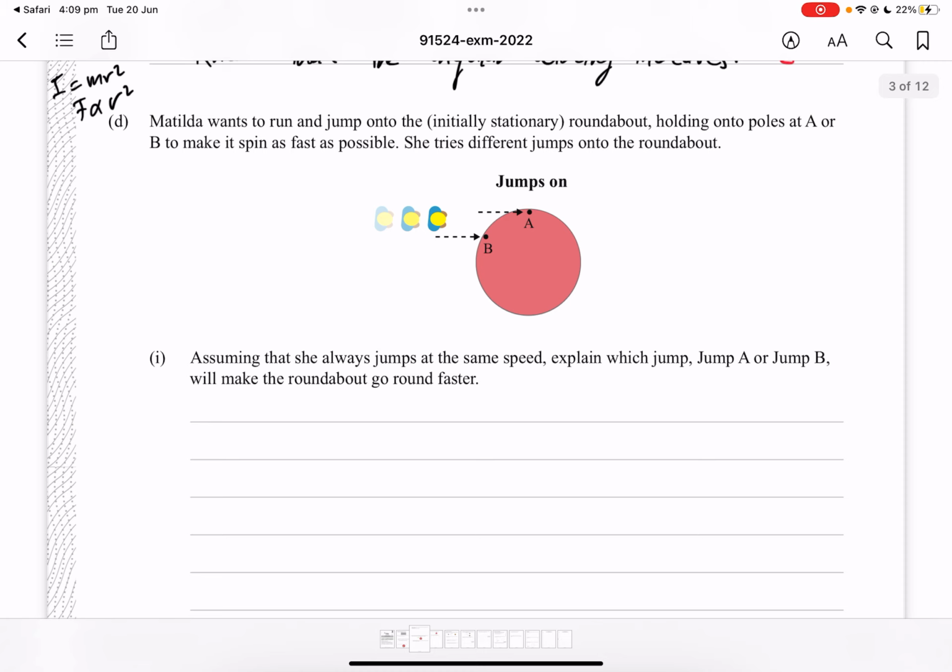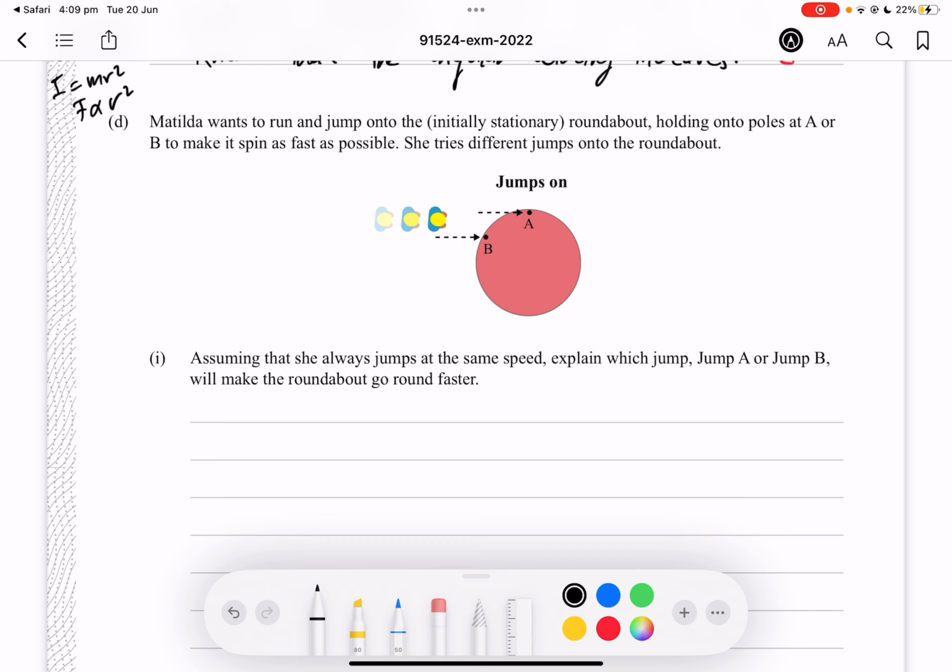In this case, since Matilda is going at the same speed, we'll make an assumption that the amount of force that she exerts on the roundabout is exactly the same for both jumps at A and B. But we notice that the roundabout will have a center of rotation around the center of the roundabout.